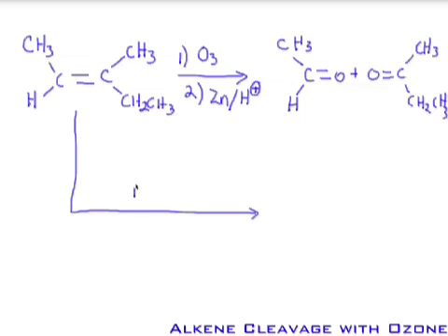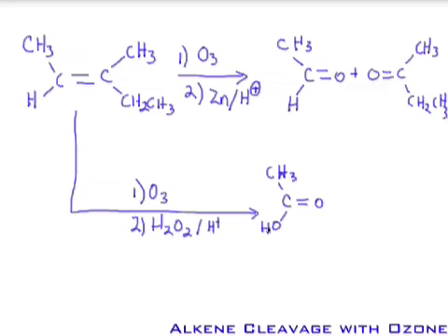But if we use ozone, and then in step 2 use peroxide and acid, then just like permanganate, the H attached to a double bond becomes an OH, giving us a carboxylic acid. But if there are no H's, you just leave the carbons untouched, and you only rupture the pi bond.